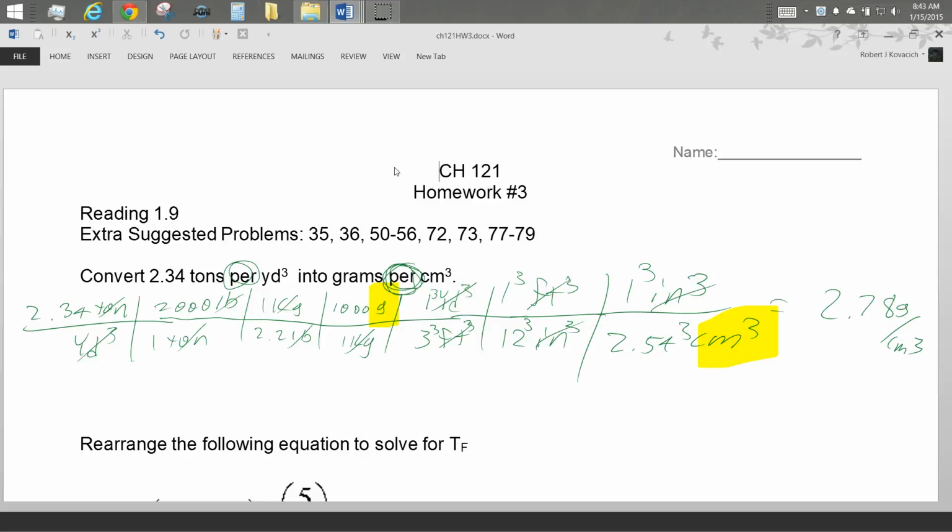These are all fractions multiplied by each other. The way that you normally see this written out is it would be 2.34 tons divided by 1 yard cubed times 2,000 lb divided by 1 ton. That's the way it's normally written. That just takes more time to write it, so I've been writing it like this since high school.